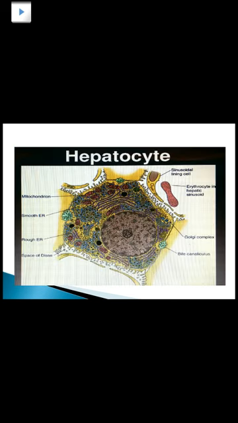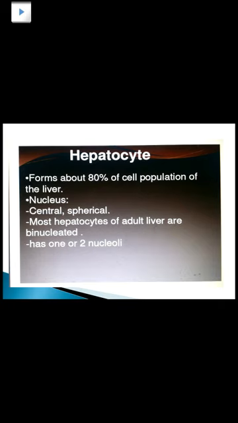This is again the ultrastructure of the hepatocytes with the Golgi complex, bile canaliculi, space of Disse, the rough endoplasmic reticulum, the smooth, the mitochondria, all important parts of this particular cell. Coming to the hepatocyte, this forms about 80% of the cell population of the liver, the other being contributed by the stroma, the Kupffer cells, the Ito cells.